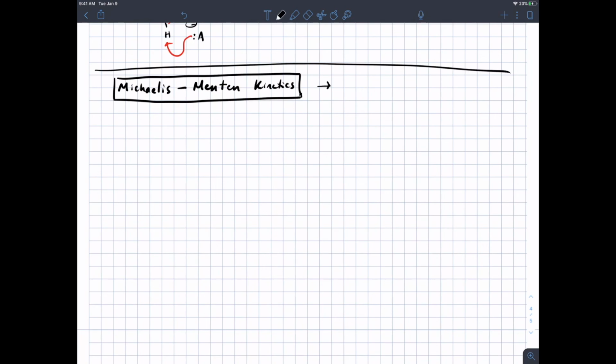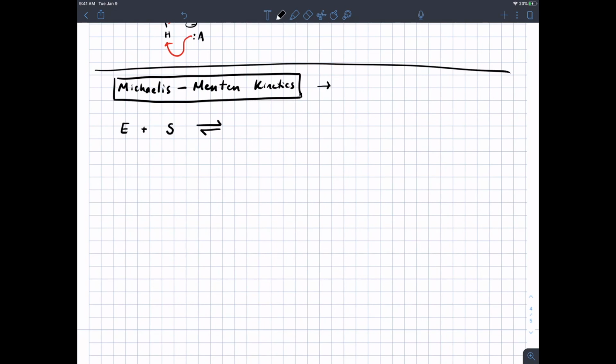This is named after the two people that developed it. Essentially, it describes enzyme binding to substrate, a steady state approximation of the concentration of enzyme and substrate, and then conversion of that enzyme substrate complex to product. So you have the enzyme and the substrate.